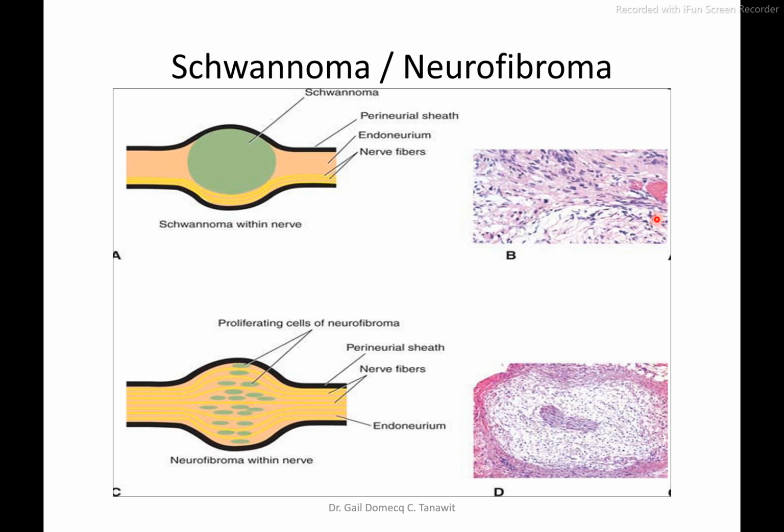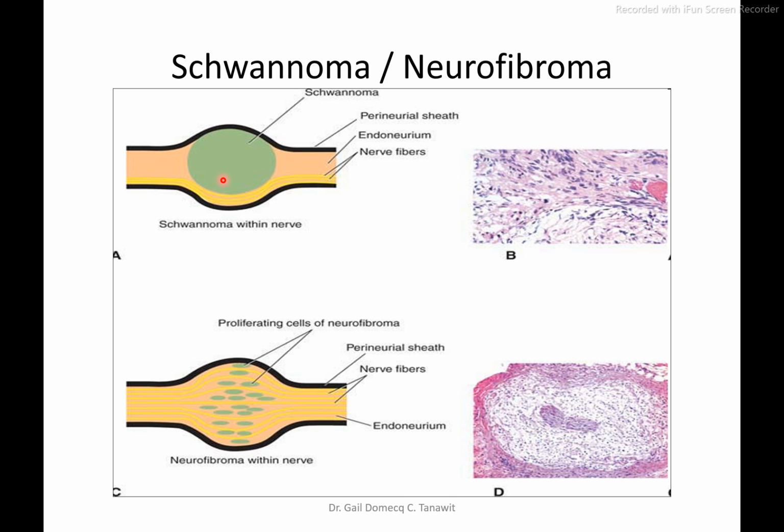For the schwannoma, we have this perineural sheath that envelopes it, here the endoneurium and the nerve fibers. Remember your Schwann cell is the one that produces your myelin sheath in the peripheral nervous system, so it would be growing in an uncontrolled manner.